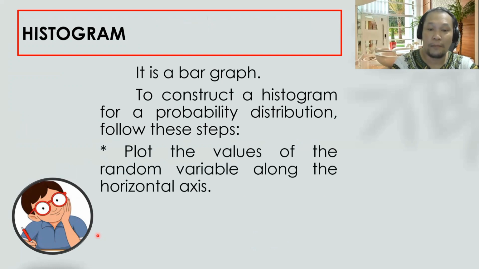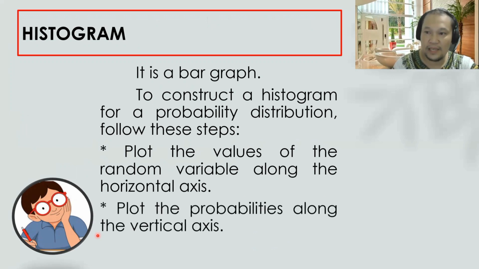Number one, plot the values of the random variable along the horizontal axis. You are going to utilize the values of the random variable and write them on the horizontal axis, while the probabilities of each random variable should be written on the vertical axis.